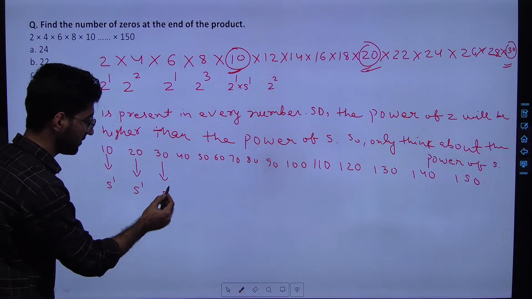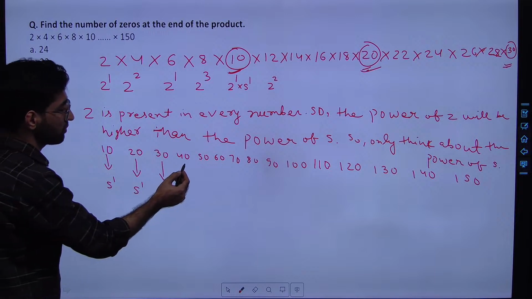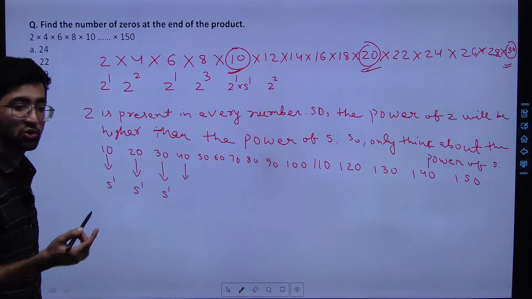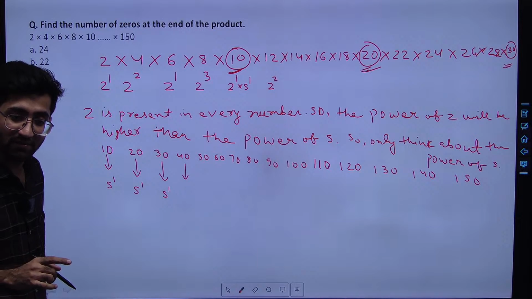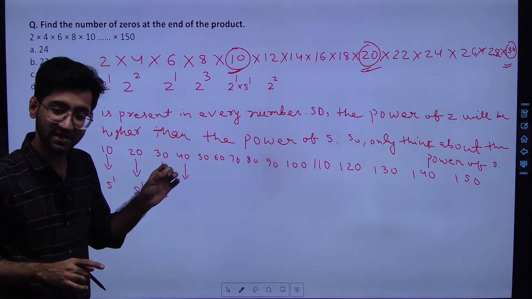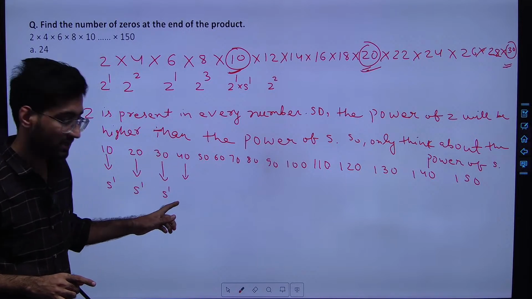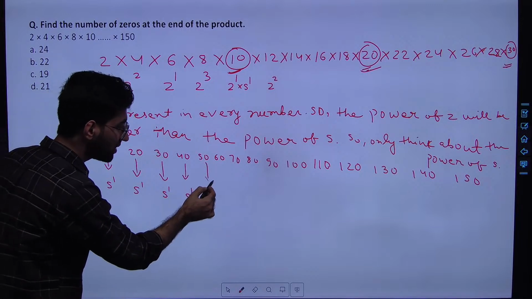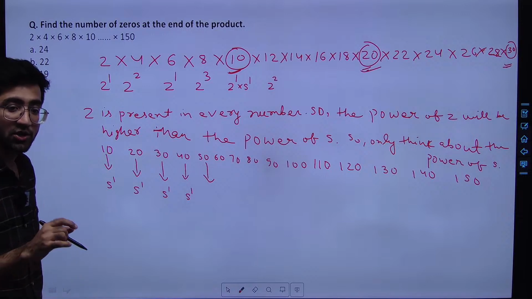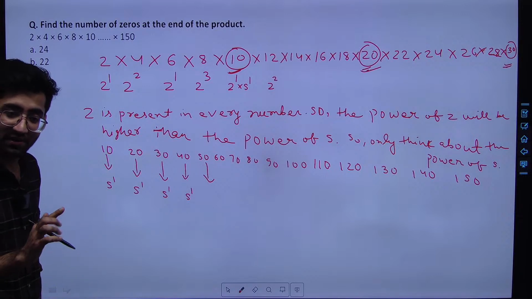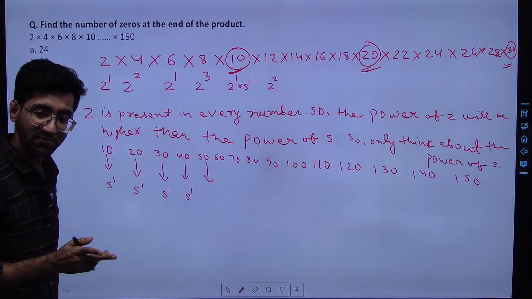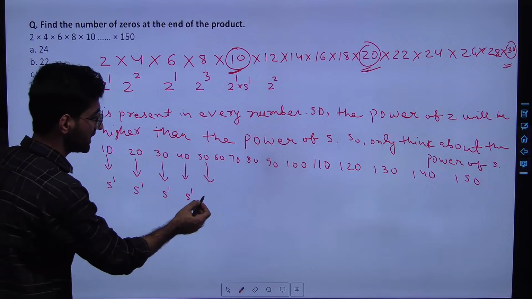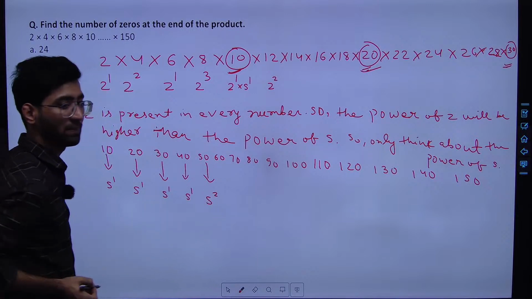So there is 1 5 present in this case. You can write 40 as 2 to the power 3 into 5. 2 to the power 3 will be 8, 8 into 5 will be 40. So there is 1 5 in 40. And look at 50 carefully: 2 into 5 square. 5 square is 25 and 25 into 2 will be 50. So there are 2 5s in 50.